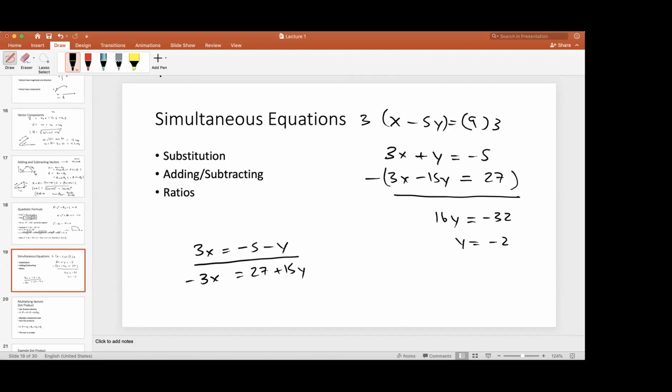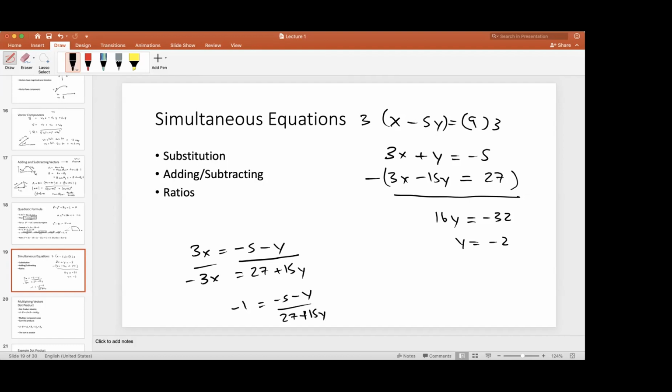Now notice, if I do this, I'm basically dividing them. Instead of adding and subtracting, I'm dividing. And this side becomes -1, and this side becomes -5 minus y over 27 plus 15y.